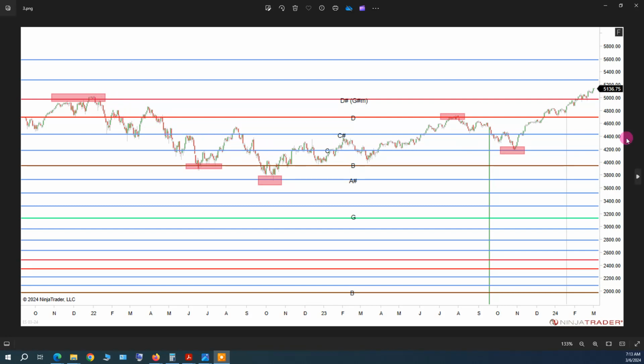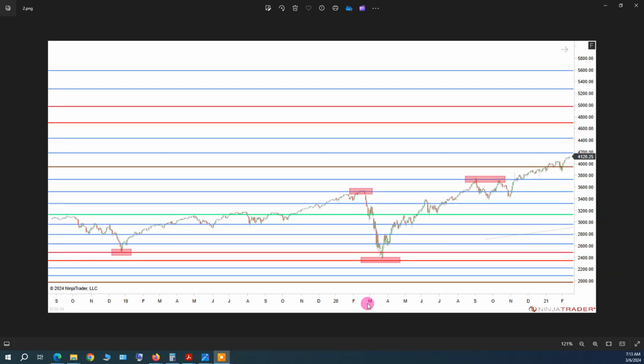Let's move back a little bit in time and take a look at the preceding part of the chart. Here's the 2020 area. You can see we had a significant low at D sharp here, a significant low at D. Here is our G line, the green line. We had a significant top there, fairly significant.